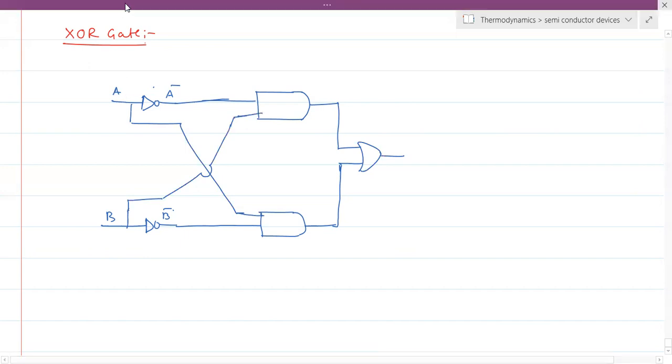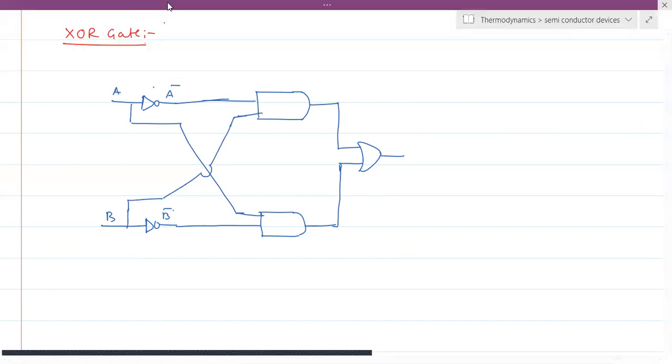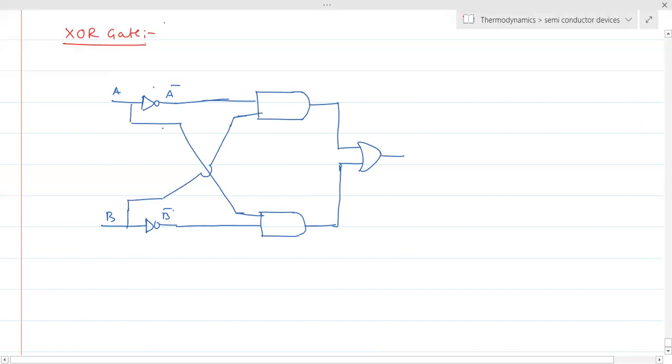Okay, now you can easily understand. So this is A bar, this is A only, and this is B only.